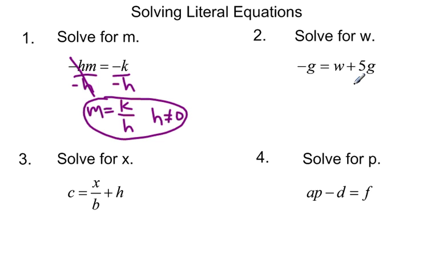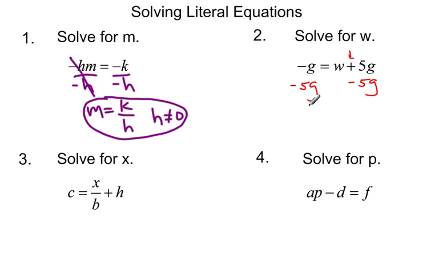Okay, so now in this next equation, where we'll be solving for w, we ask ourselves a question: what do we want to get rid of? Well, that's the 5g. How's it attached? It's attached by addition. What undoes addition? Subtraction. So to somewhat annihilate the 5g, we will subtract 5g from both sides.